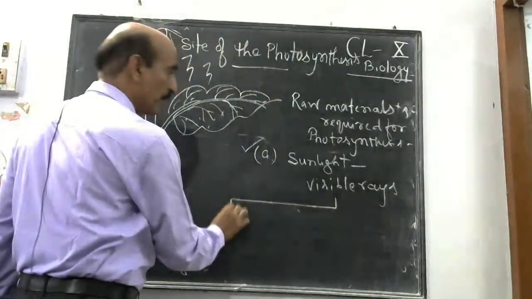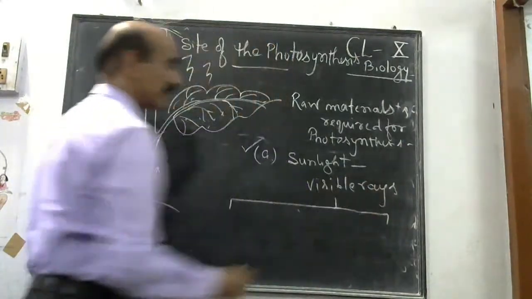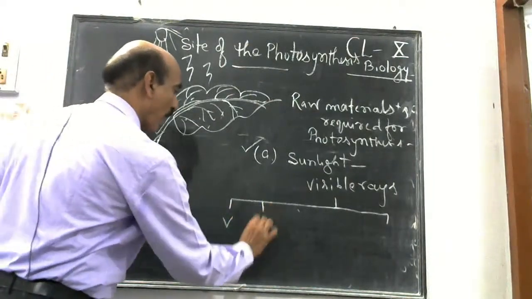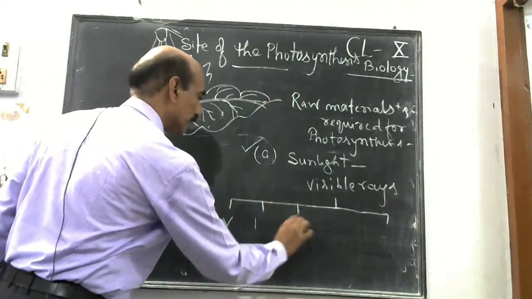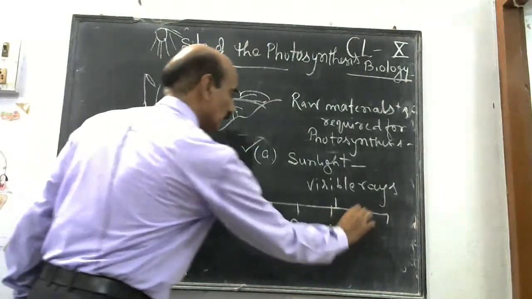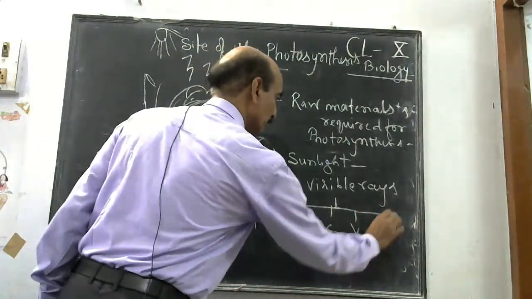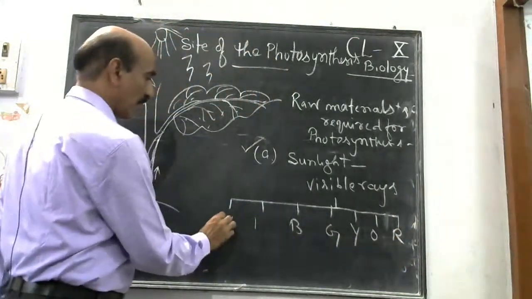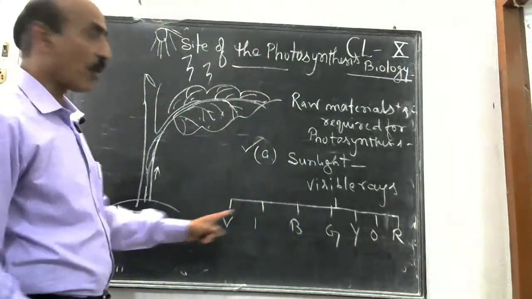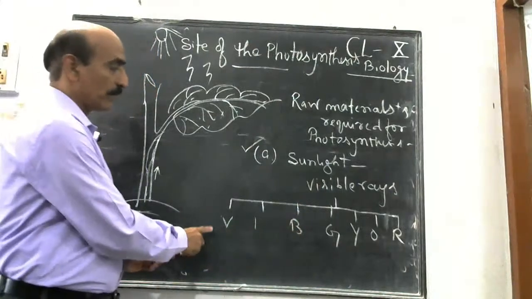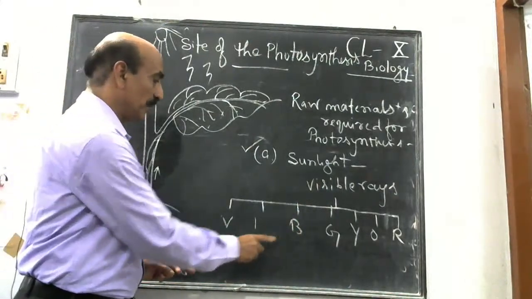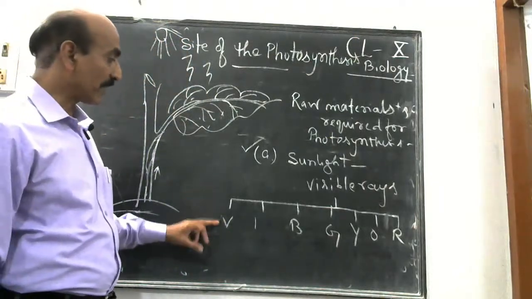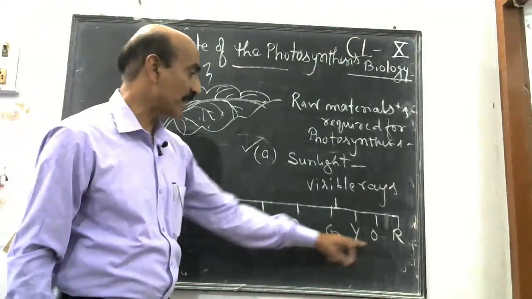If we consider the spectrum of the visible ray, it is called VIBGYOR. The spectrum of the visible ray is called VIBGYOR. That is seven different rays: 1, 2, 3, 4, 5, 6, 7.